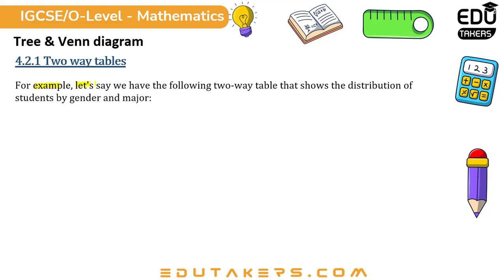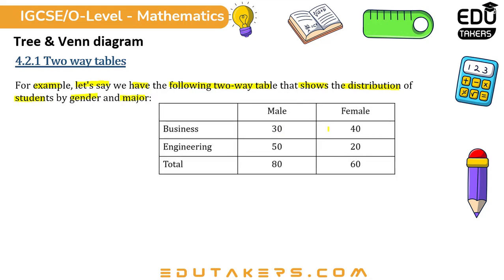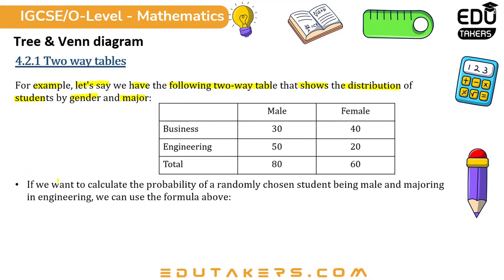For example, let's say we have the following two-way table that shows the distribution of students by gender and major, as shown in the table. If we want to calculate the probability of our randomly chosen student being male and majoring in engineering, we can use the formula above.